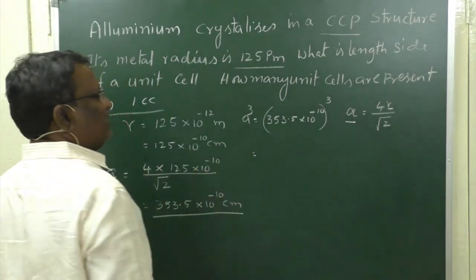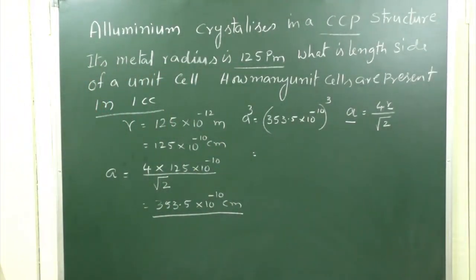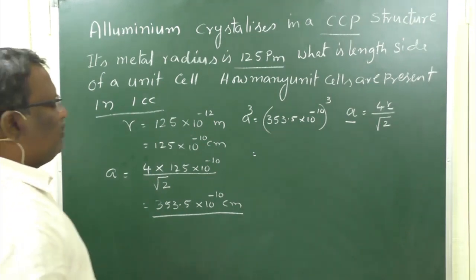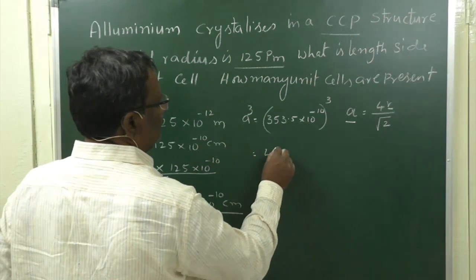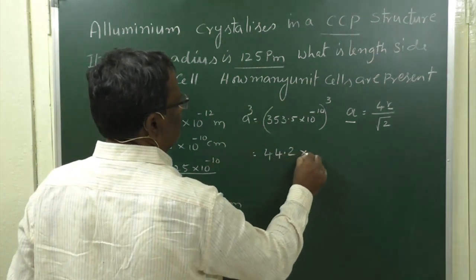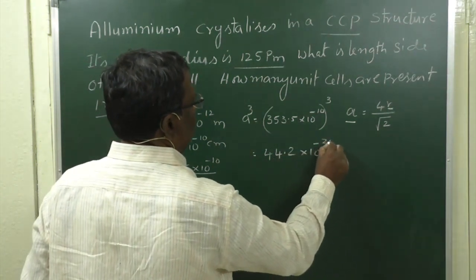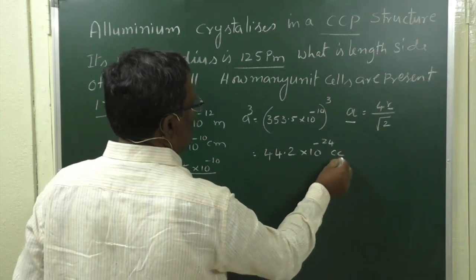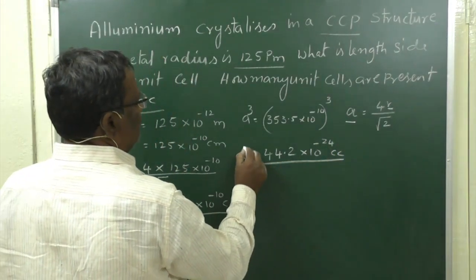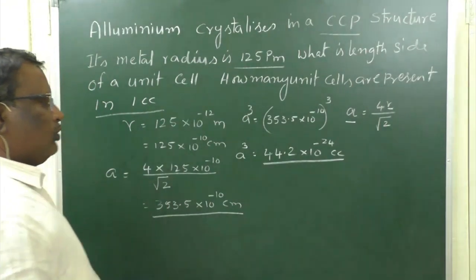On simplifying this, we get 44.2 into 10 to the power minus 24 cc. This is A cube, the volume of the cube.